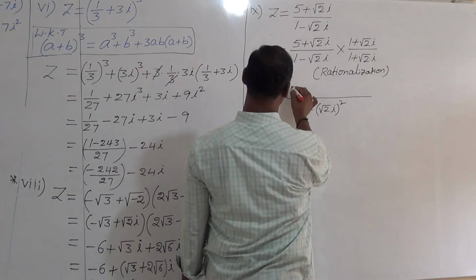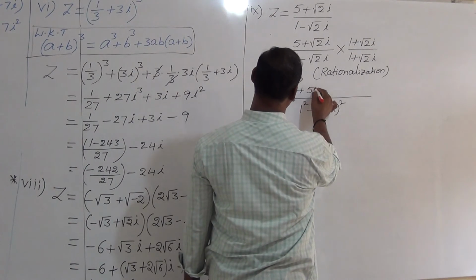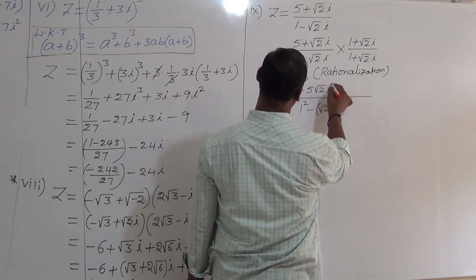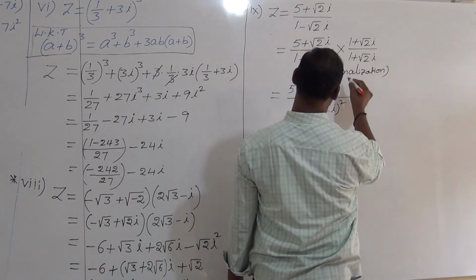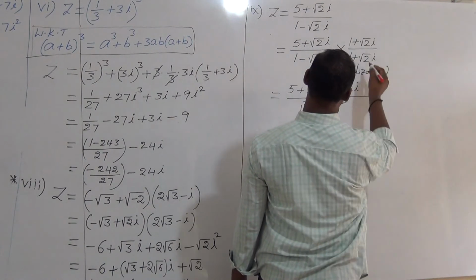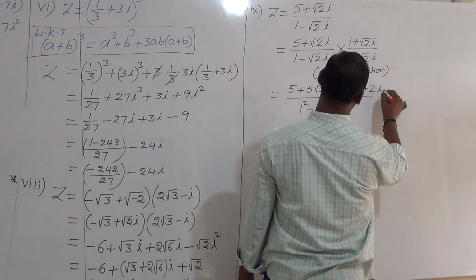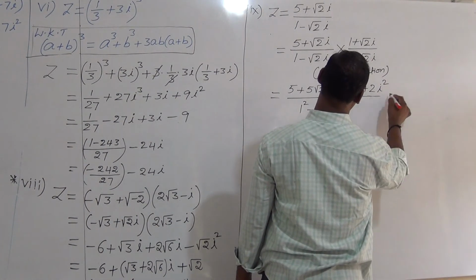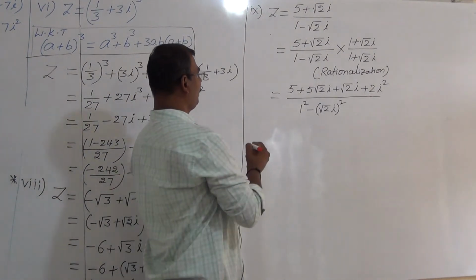5 into 1 is 5, plus 5 root 2 iota, plus root 2 into iota, here multiplying, plus root 2 into root 2 iota into iota square. Now simplify this value.